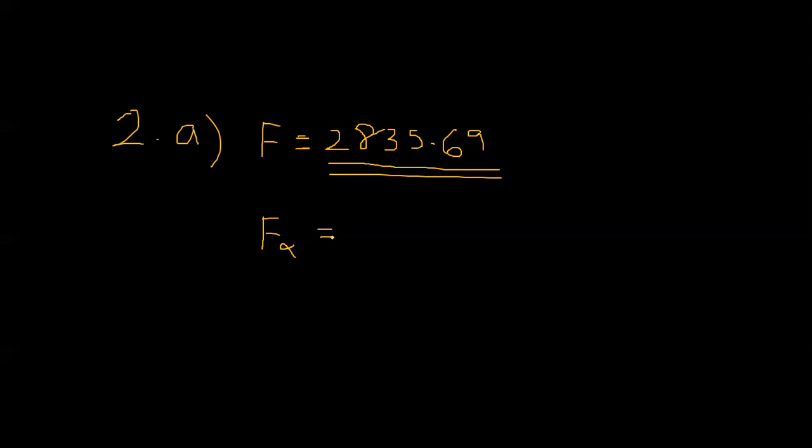So for question 2A, the F critical with alpha 0.05, you must get the value 3.89.